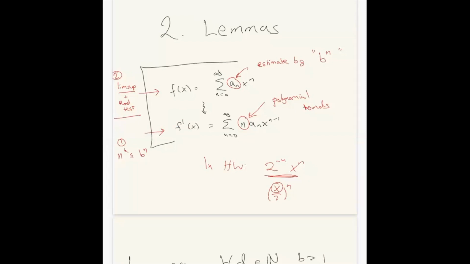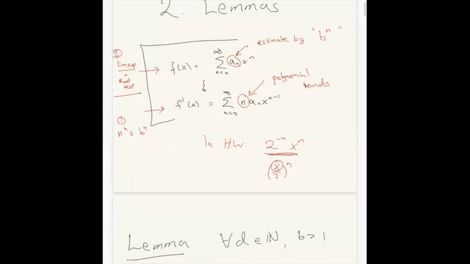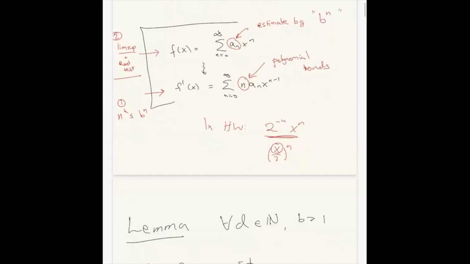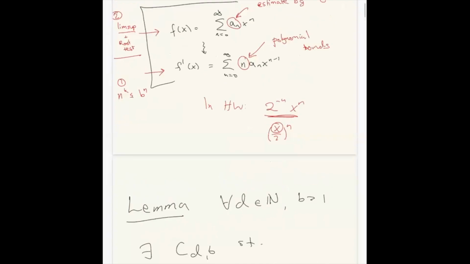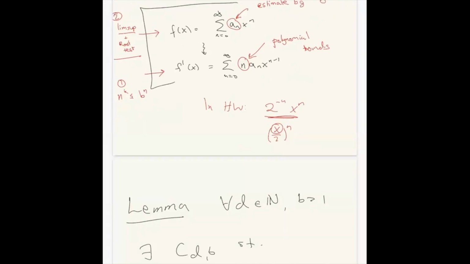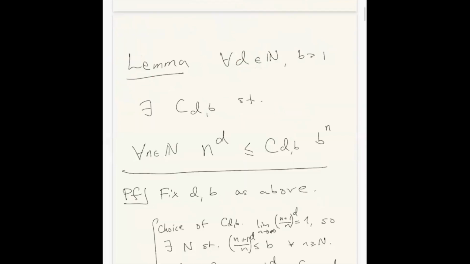So if we are committed that everything we will do is estimate by powers, then we also have to estimate polynomial things by powers. There are some delicate choices to make this work, but it's good to keep in mind why we're doing these things, and maybe that helps organize this slightly difficult topic.